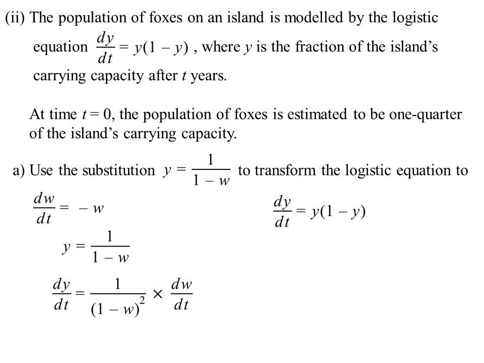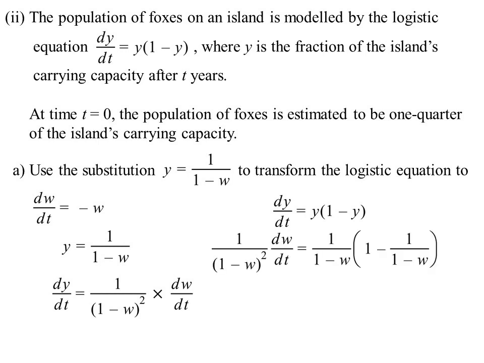Okay, let's transform this equation now. dy/dt, just worked out, is this expression over here: 1 on (1 minus w) squared times dw/dt. On the right hand side, y(1 minus y), I just substitute in for y. Now, hopefully we can play around with this and get the expression that we want.